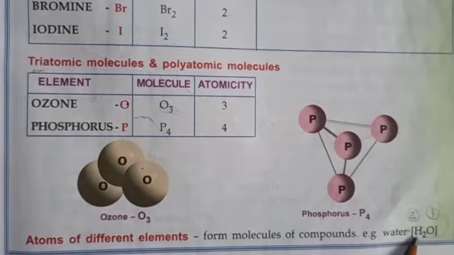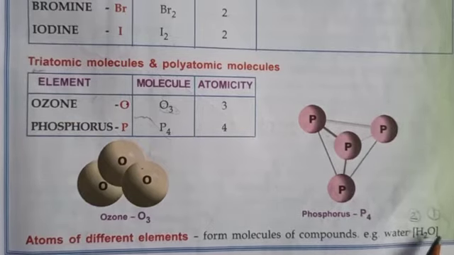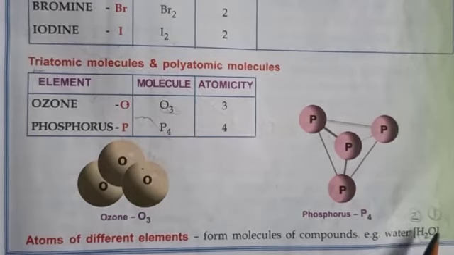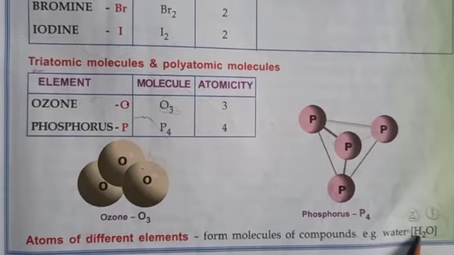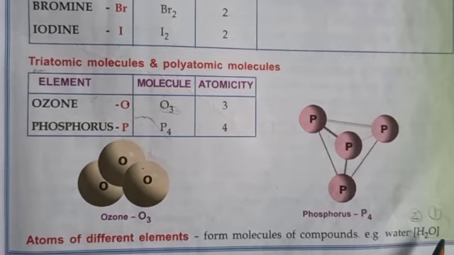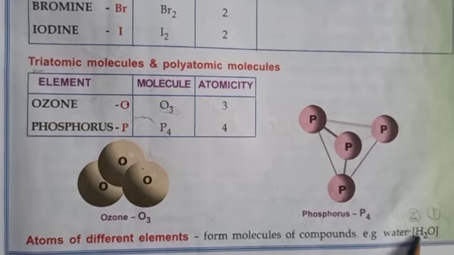In H2O, two types of elements are there. One is hydrogen and the other one is oxygen. Both these are different elements. So atoms of different elements combine to form a molecule, like two atoms of hydrogen combining with one atom of oxygen. So two different elements combine to form a molecule.